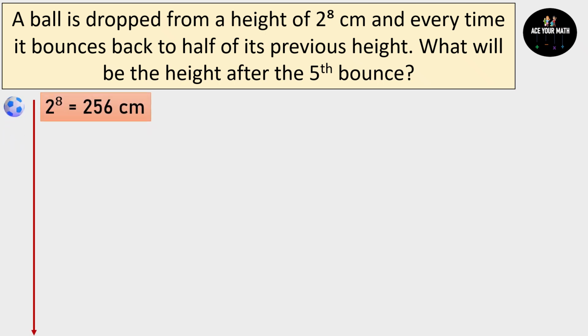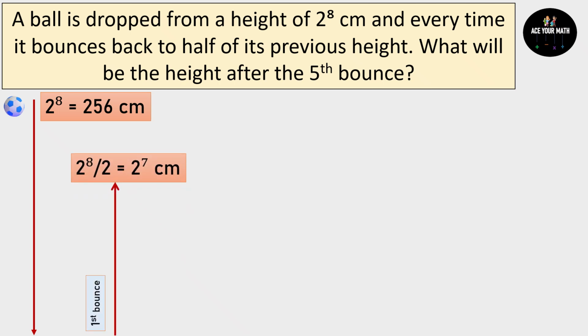Let's first try to understand it. This is the initial height from where the ball is dropped first. It is 2 raised to the power 8. After the first bounce, it will reach half of the previous height. What was the previous height? It was 2 raised to the power 8. To calculate half, you always divide the given number by 2.